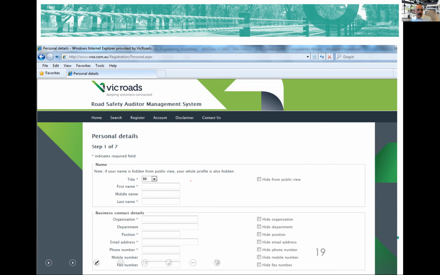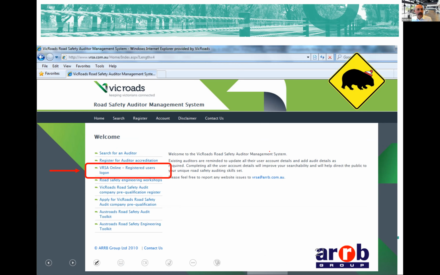And then you fill out this information, its name, organisation, department, position, all of this. You can hide anything you don't want the public to see by just checking that box. You fill out all that info, you upload your certificate, electronic copy of your certificate for a successful completion of the course, and then they'll process that.